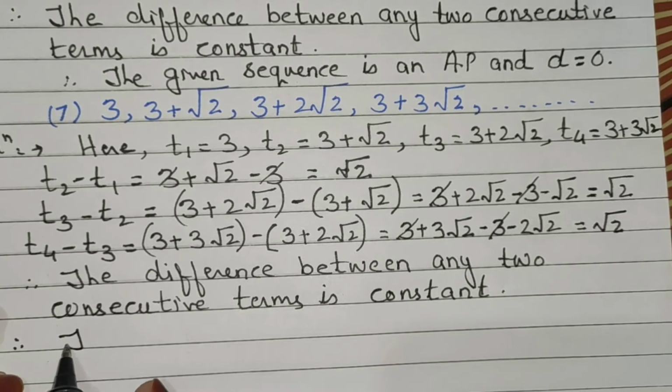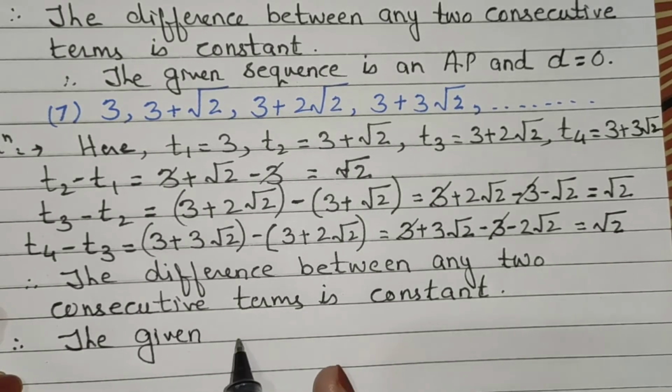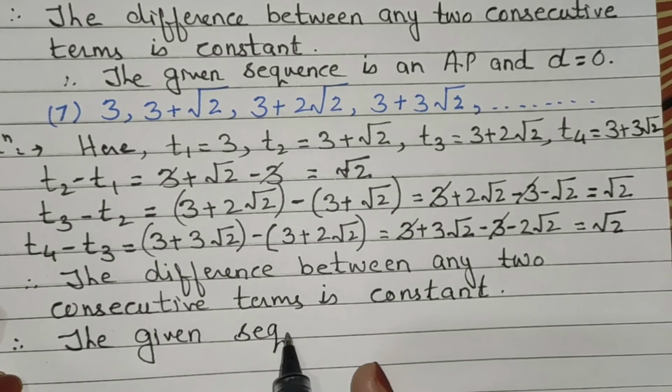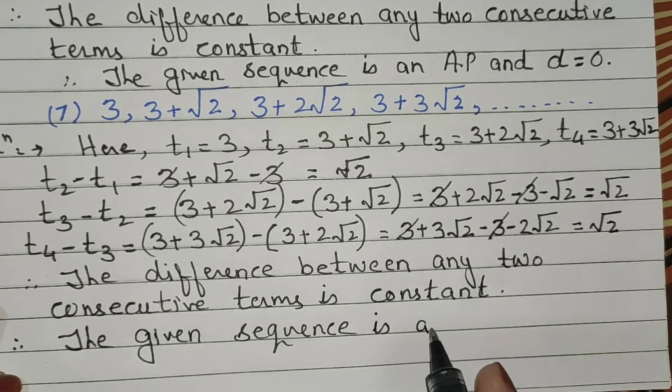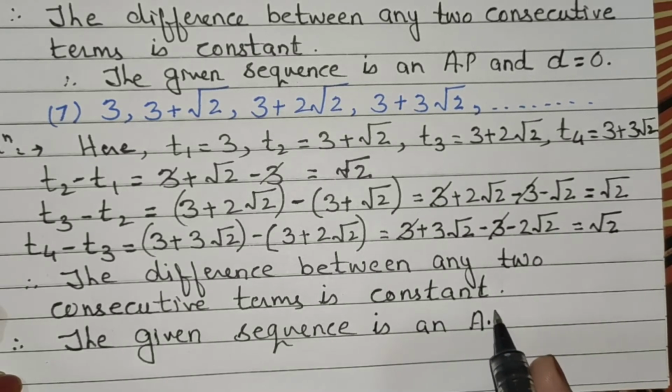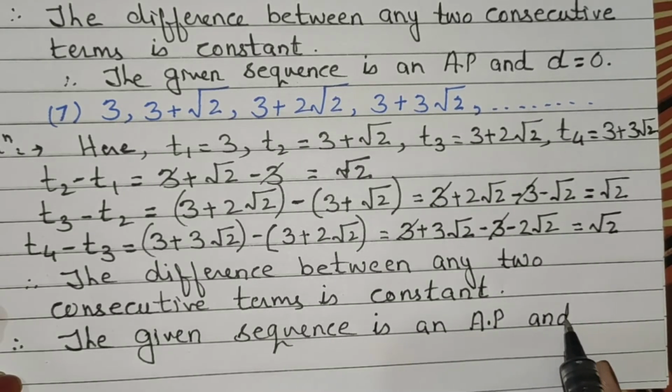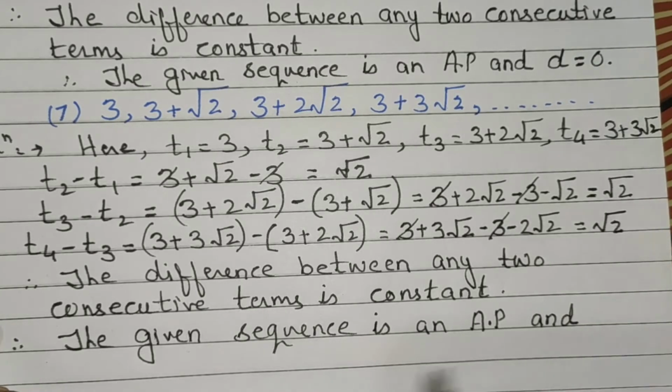Therefore, the given sequence is an AP, and the value of common difference means D is equal to square root of 2.